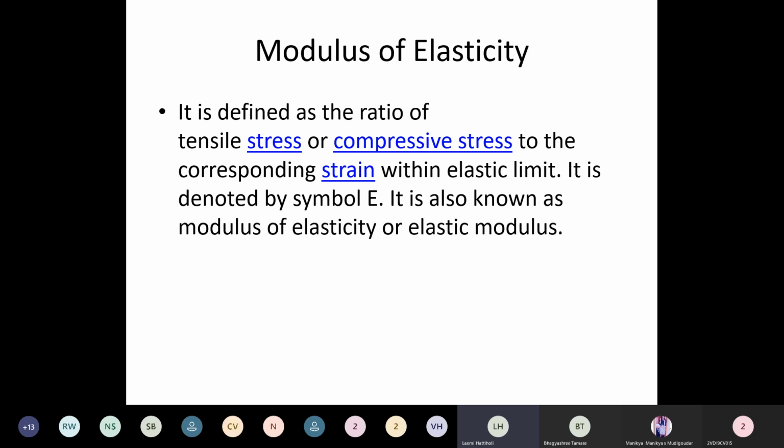Can anyone tell me what is the unit of this capital E? Newton per mm square, right, very correct. Newton per mm square or megapascal.